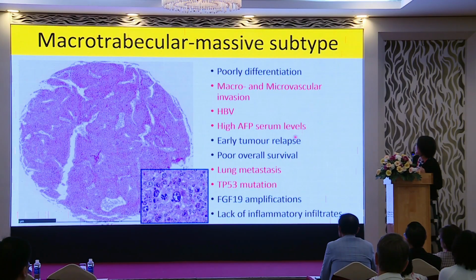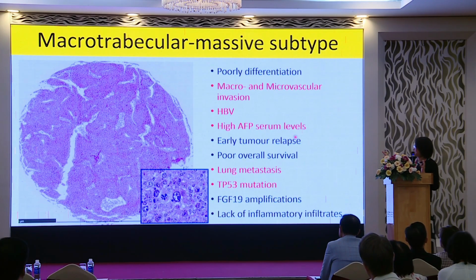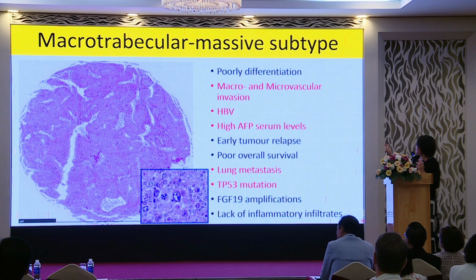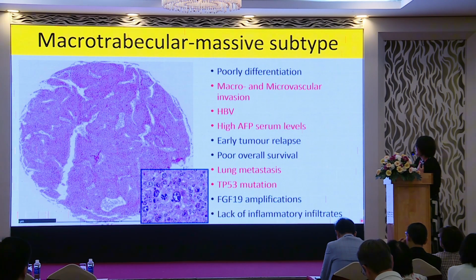The macrothoracic massive subtype is characterized by a thick tumor structure, usually composed of more than 10 tumor cell components. It has a strong correlation with hepatitis B virus infection, and the patient often presents high AFP serum levels. And it has a correlation with lung metastasis.